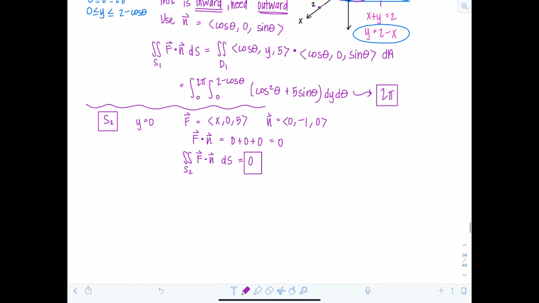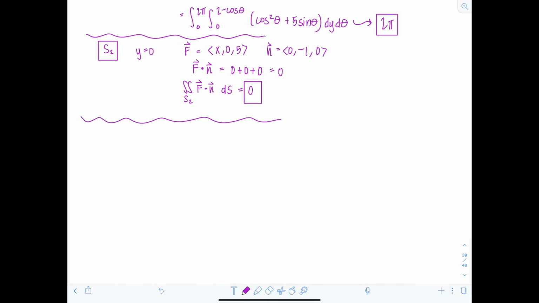Good. All right, one more surface to go. So surface 3 was the plane x plus y equals 2. And I can solve for y in terms of x and z technically, right? Y is a function of x and z, which is 2 minus x.